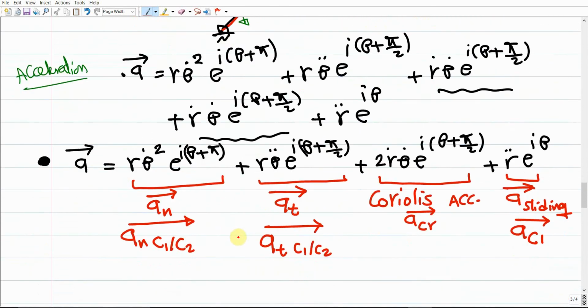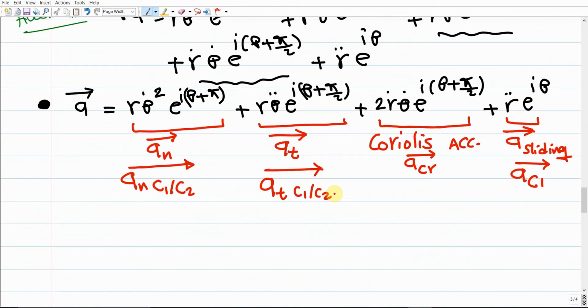Make sense? And here, this is the Coriolis acceleration, a_CR of C1 relative to C2 vector. It is also a kind of relative acceleration. Make sense?